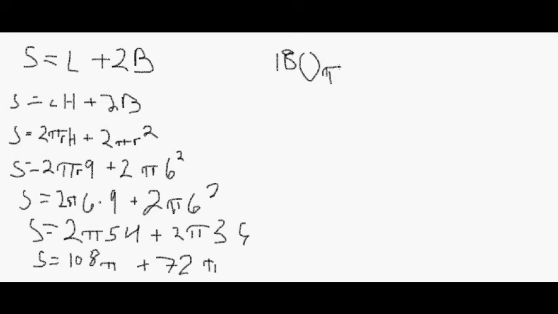And then pi is 3.14, so 180 times 3.14 is about 565. So that's 565 square units. So that's the answer for the surface area.